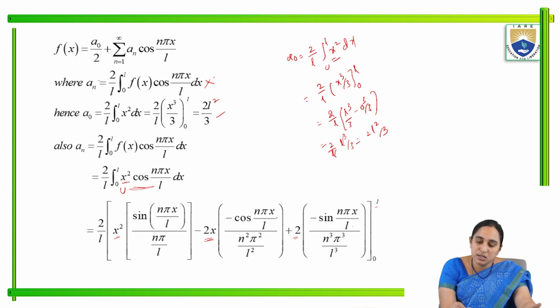If you substitute x as L, L L cancel, cos n pi we get some value. Within the limits L and 0, sin n pi and sin 0 are 0, but cos 0 value is 1. Therefore we have to substitute the limits only in the cosine term.